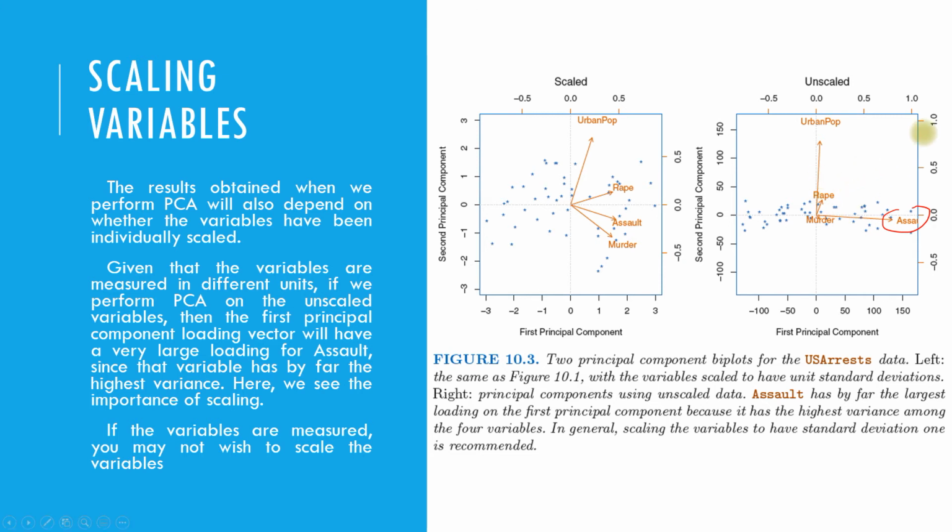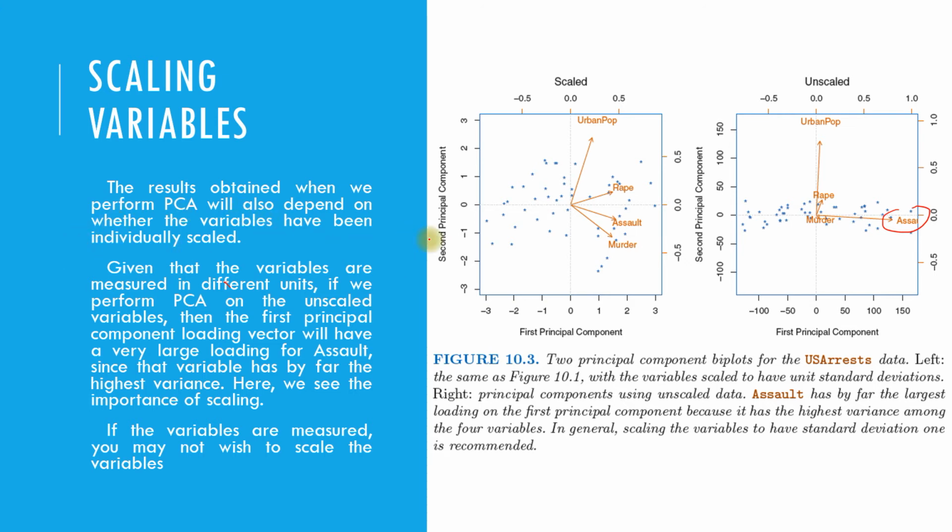Okay, so just bear in mind that scaling is essential to the concept of PCA. Now, one other thing though is that if all of these variables are on the same scale, then you may wish not to do scaling. If all the variables are on the same scale, scaling might not be necessary.